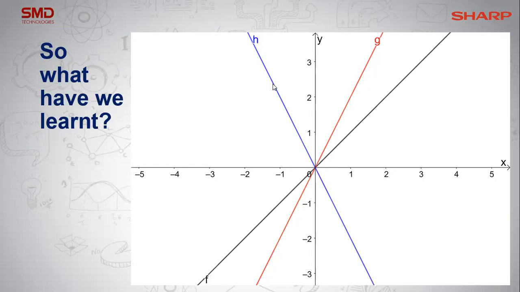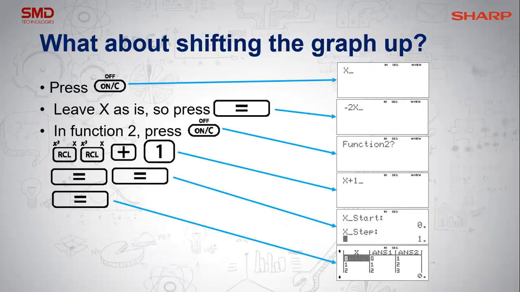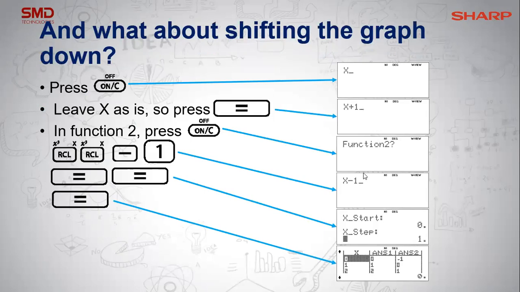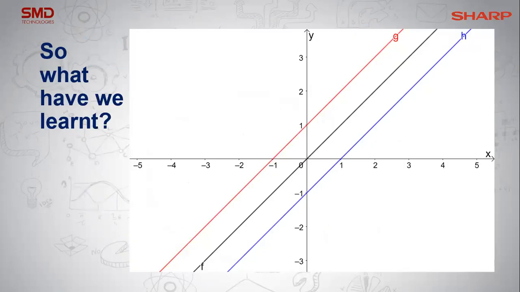There's a lot of nice exercises. I'm obviously just doing this very briefly with you, but there are lots of nice exercises where you can explore what happens when you change the gradient and what happens when you change the y-intercept, which is what I'm doing in this set of graphs. Here I've done just an x and then I've added in 1. In the next one, what if I shifted it down? In other words, I changed it to x minus 1.